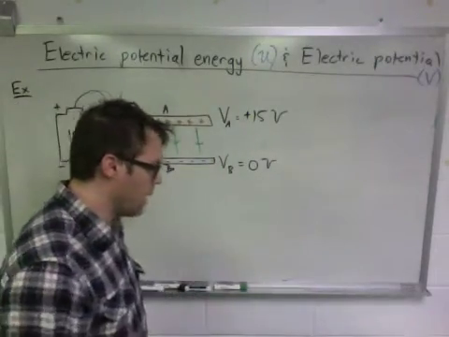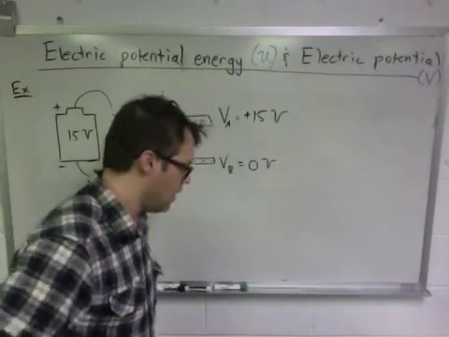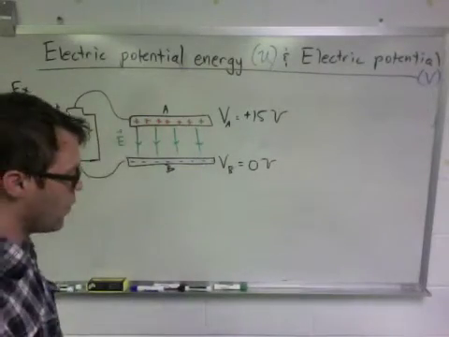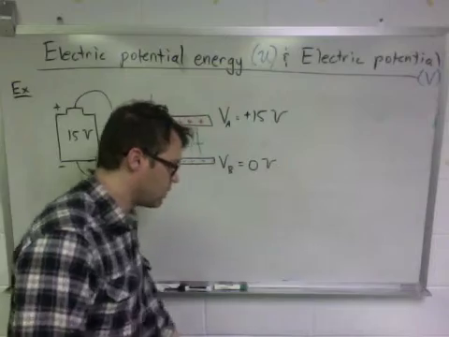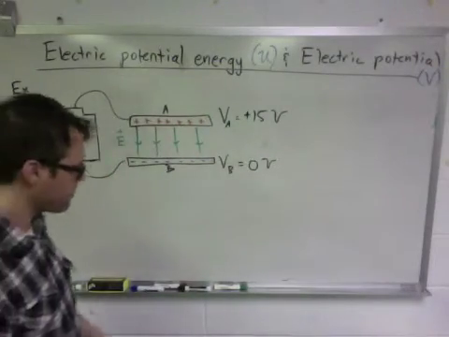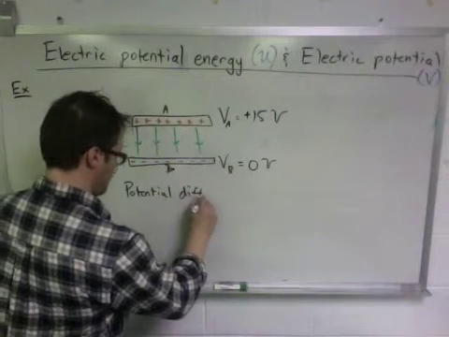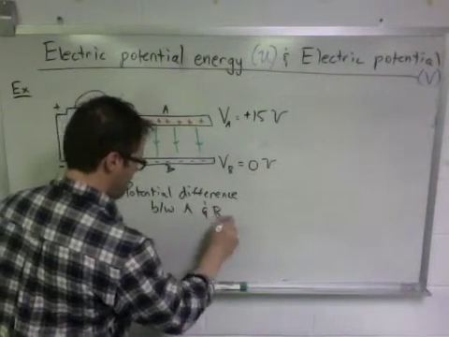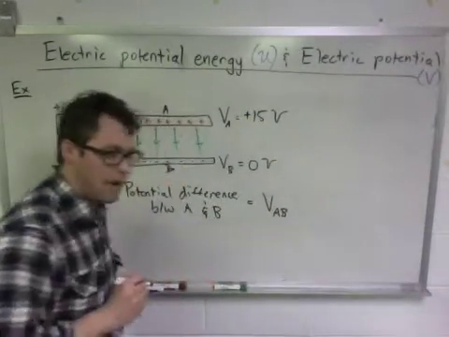Now, there's lots of different ways. Some of the language you may be hearing in the next couple days and weeks are things like, there's a potential difference between plate A and B. There's a 15-volt potential difference. The potential difference between plates A and B would be what I would call V sub AB.